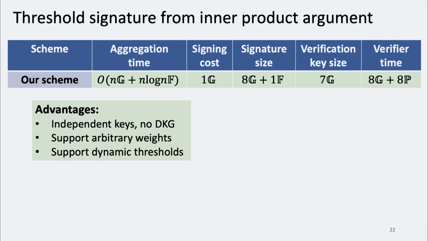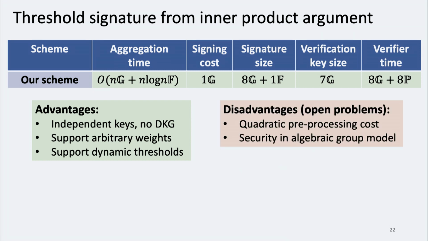All right, that's all I want to tell you about our threshold signature scheme from inner product arguments. It is a new paradigm to build threshold signatures. It has a few advantages: no DKG, arbitrary weights, and support for dynamic thresholds. It does still have a few limitations, so these are good open problems.